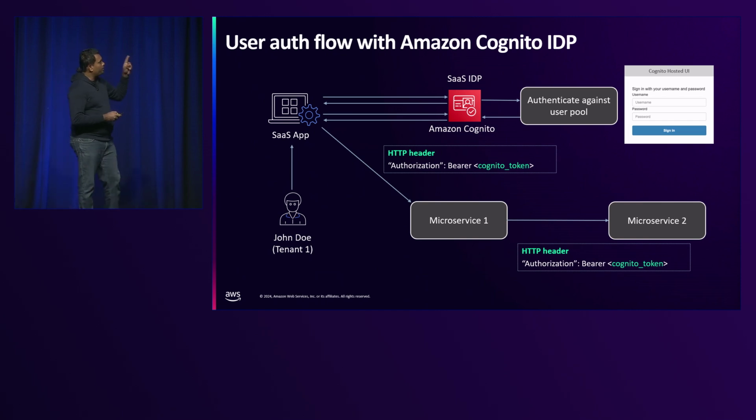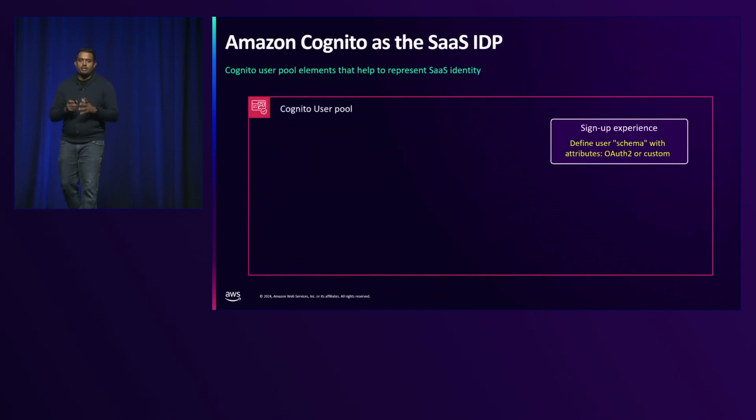Now, if you look at what Cognito design is at this stage, there are a few things that the SaaS provider has to be responsible of. One of the things would be to define the user schema, which means what are the user attributes that we need to have a user created in the SaaS IDP, and then map them to the OAuth2 attributes in Cognito, and then create what are the custom attributes that we need to represent the SaaS identity.